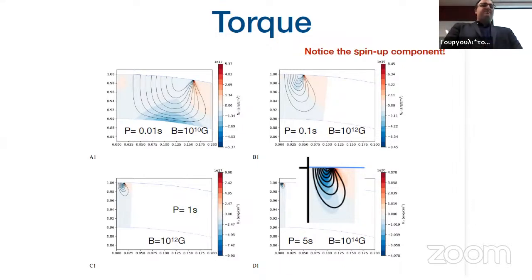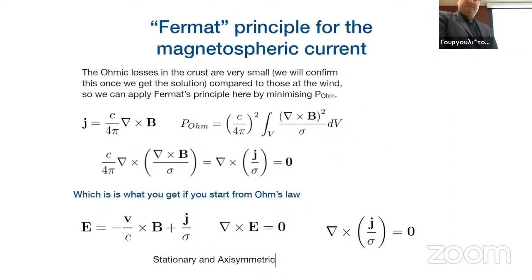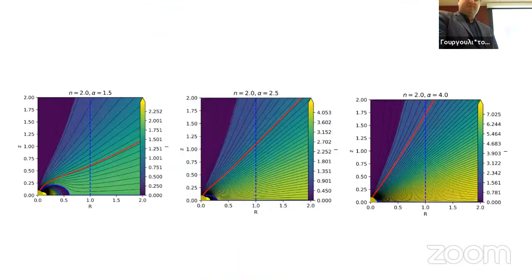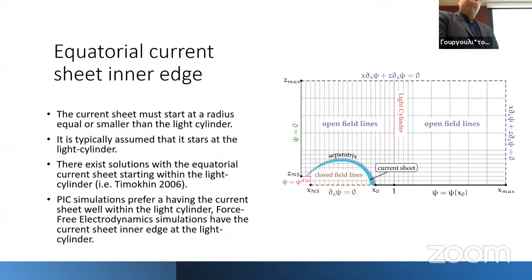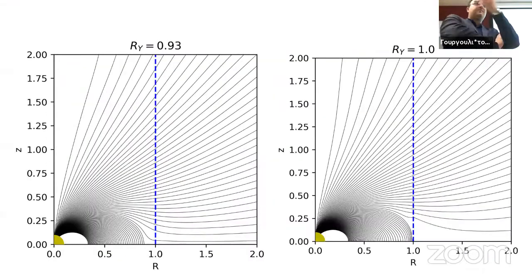Thank you for the nice talk. About the current sheets being inside the cross-free lines: outside the light cylinder, there are places where the electric field overcomes the magnetic field. Do you observe this also inside the light cylinder?